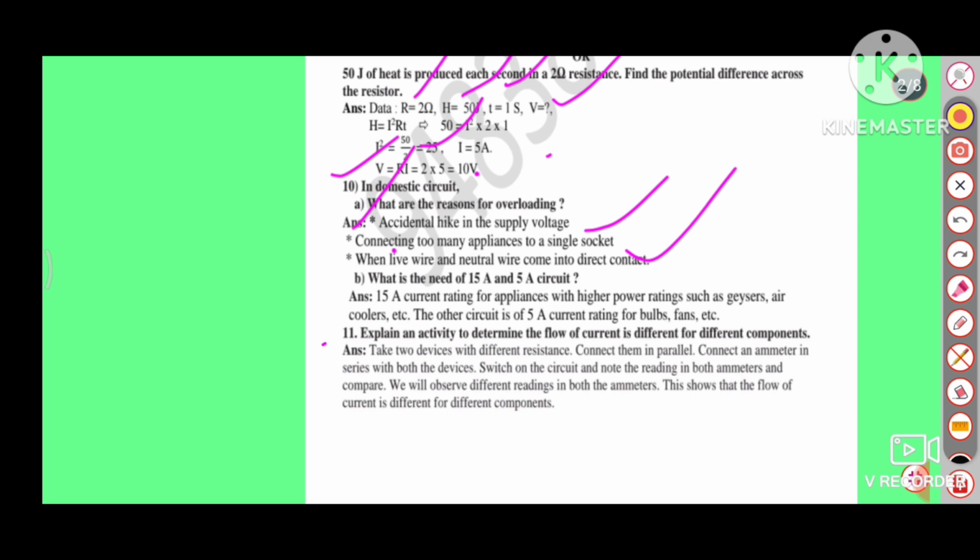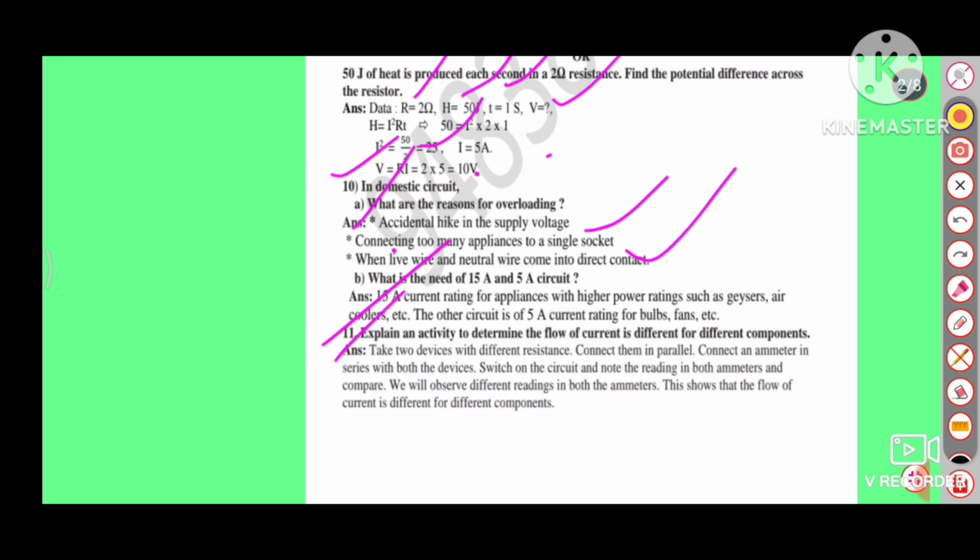Next question, explain the activity to determine that the flow of current is different for different components. The answer is: take two devices with different resistance, connect them in parallel, connect an ammeter in series with both the devices.